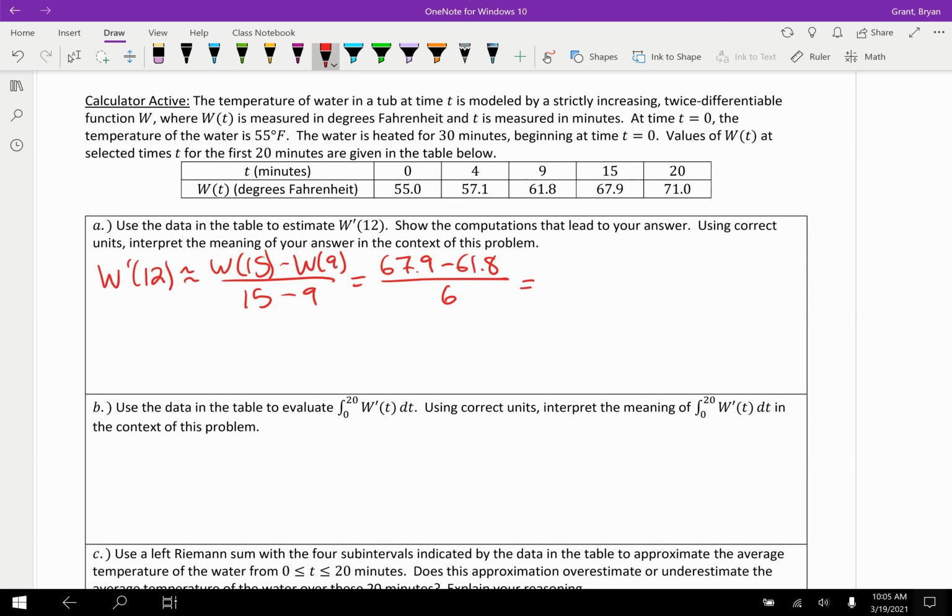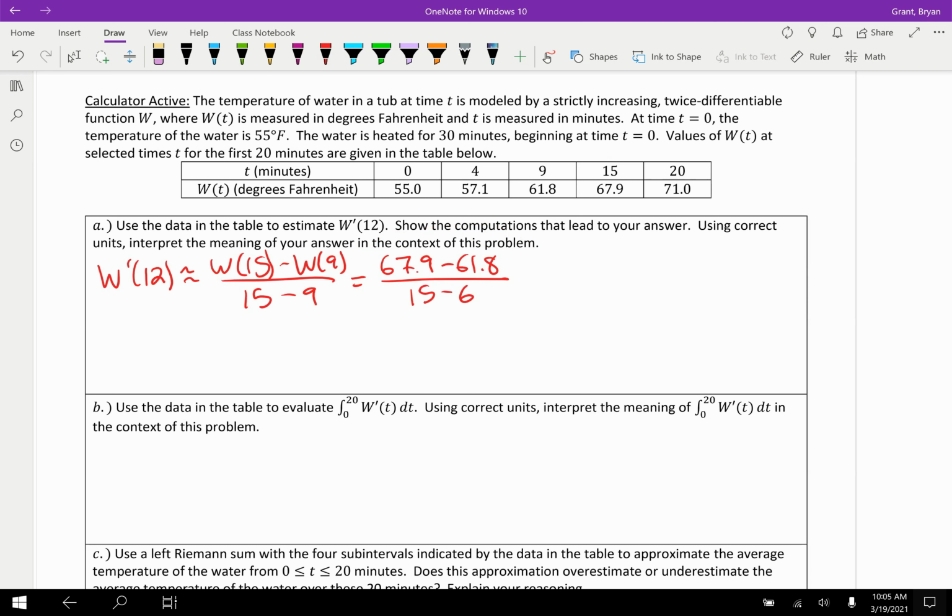Now, I've mentioned before about not simplifying. This is a calculator active problem. So you have two options here. Option 1 is you put all of this into your calculator and you get the right answer. Option 2 is if you're feeling not optimistic, stop right there. This is acceptable as an answer. That is something I could type into my calculator.